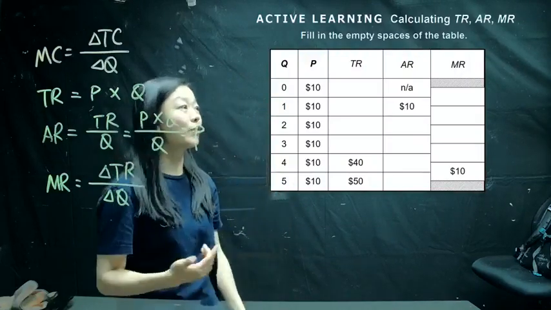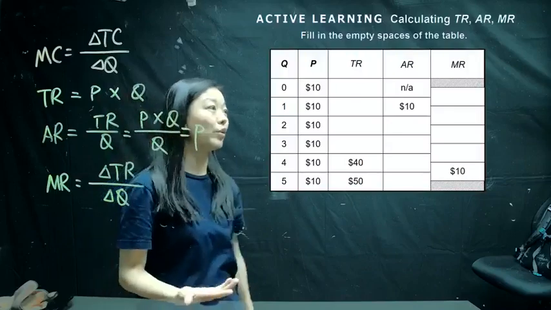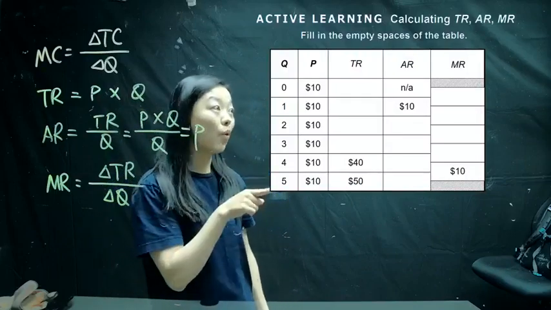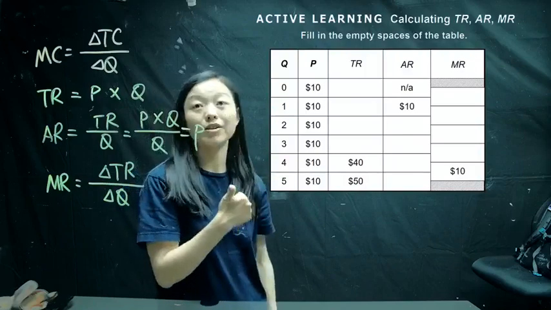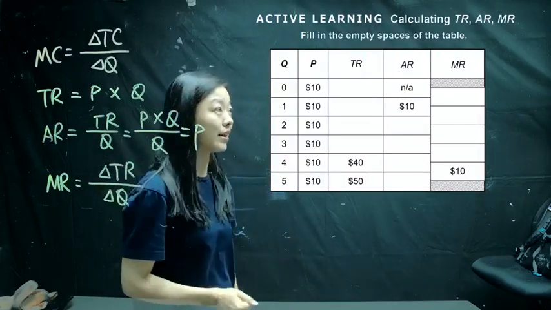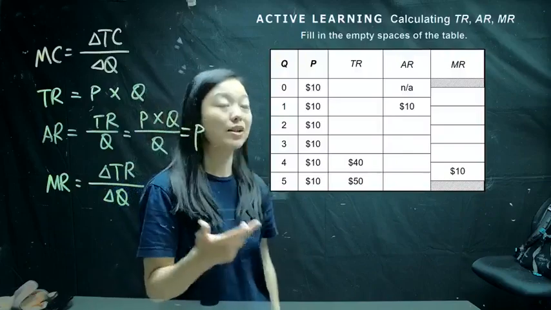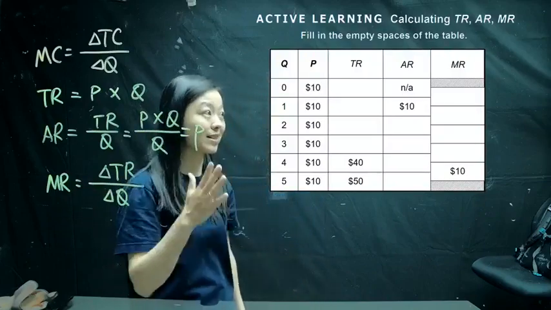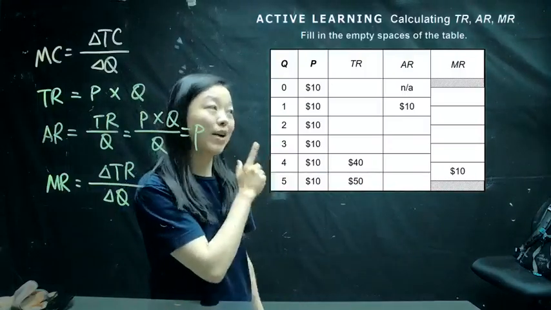If there is no quantity, there is no total revenue. If quantity equals 1 and the price is 10, the total revenue is 10 times 1, equal to $10. If there are 2 units, the total revenue is 2 times 10, which is $20, etc.